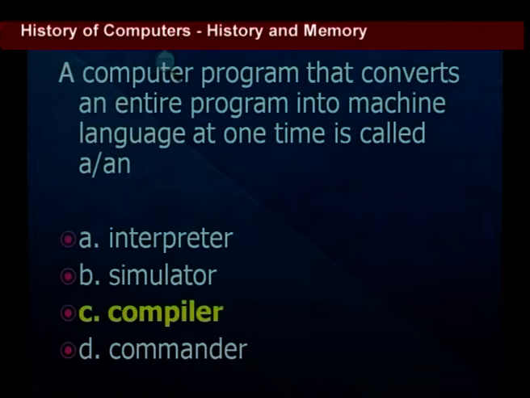After that line it does not work in the interpreter. In the compiler, it shows all the mistakes at one time. It is a time-saving process. So we have to choose only the compiler for the program that converts the entire program into machine language. Commander is also a kind of converter, but it is not suitable for converting.